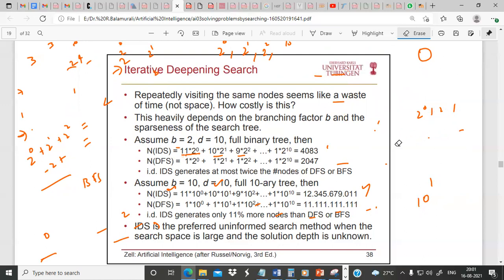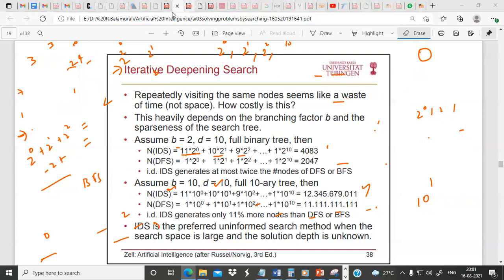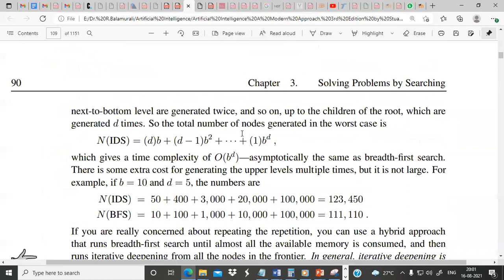Regarding this calculation, there is one more thing I want to show you. This is a formula we can use to identify the number of nodes an IDS will be generating. If you are unable to follow what I have explained, you can just use this formula.